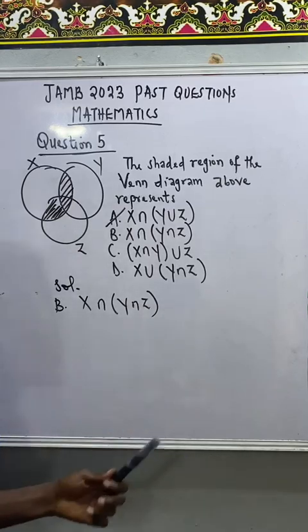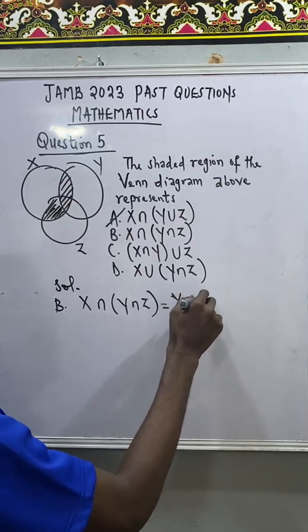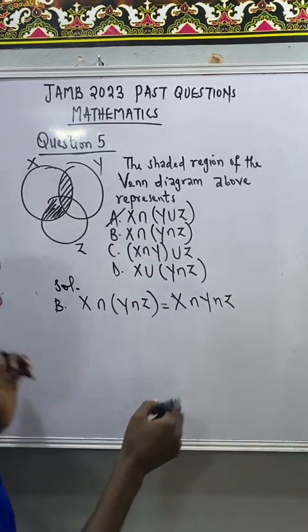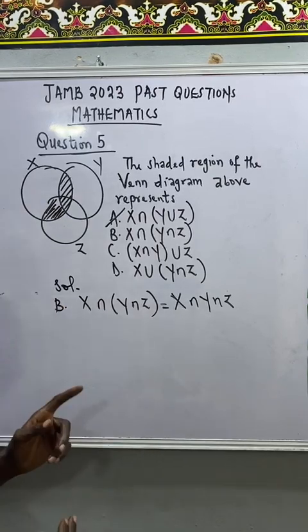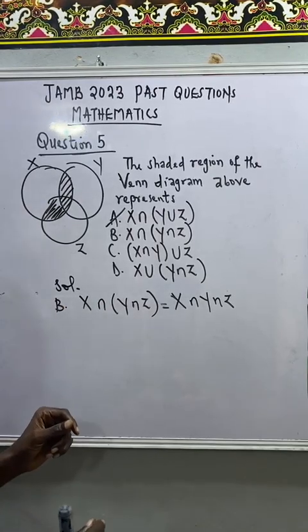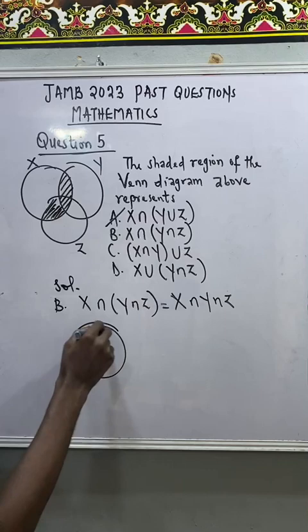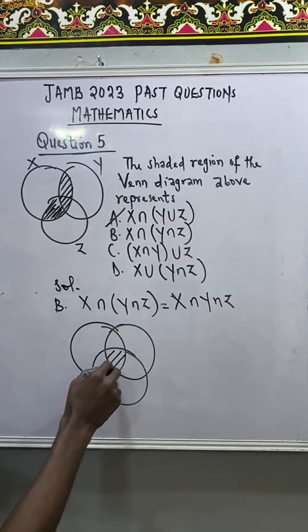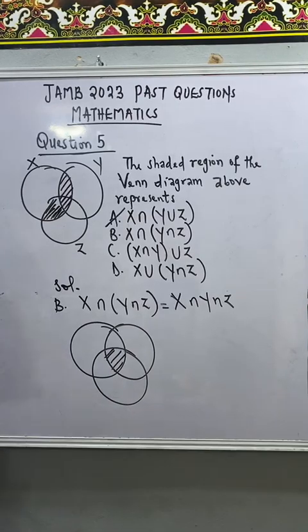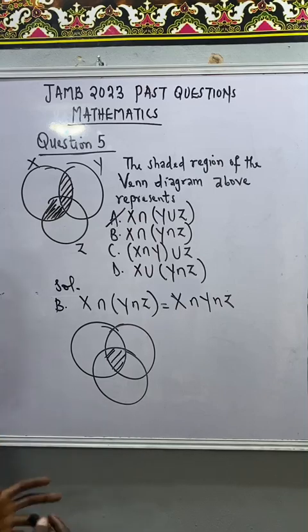I can even remove the bracket to have X intersection Y intersection Z. This is the same as that. So this is where we are going to have it. Let's redraw it. X intersection Y intersection Z. This is where the 3 of them intersect.